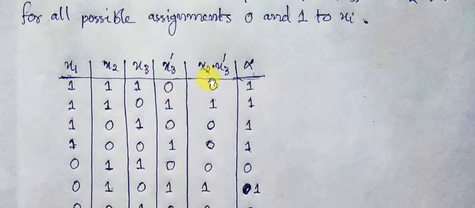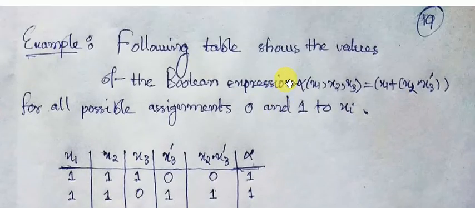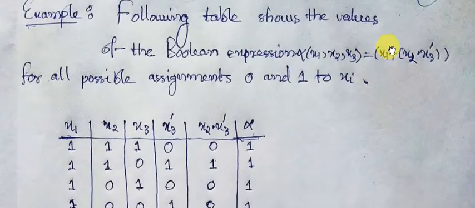So here we are taking part of 1 from the composition table for the binary operation multiplication. We know this product value is 0, so here we have written 0, and the Boolean expression for alpha is x1 plus x2 into x3 complement.